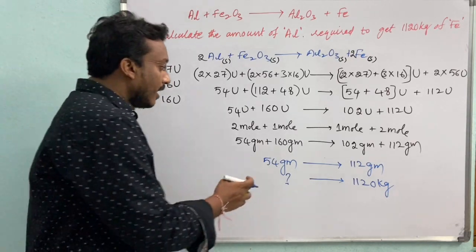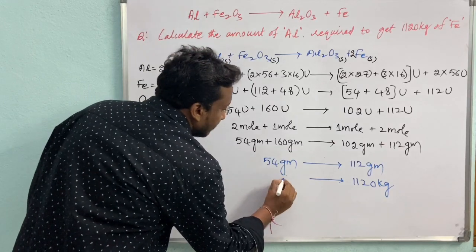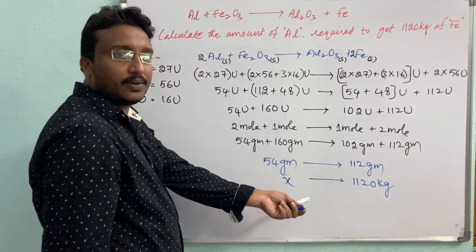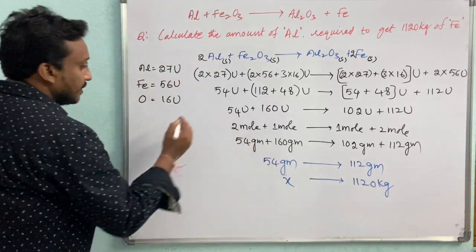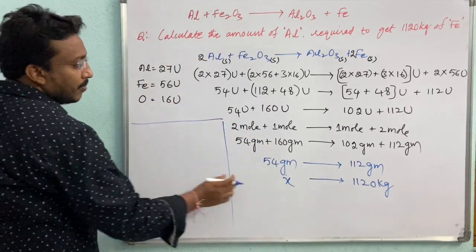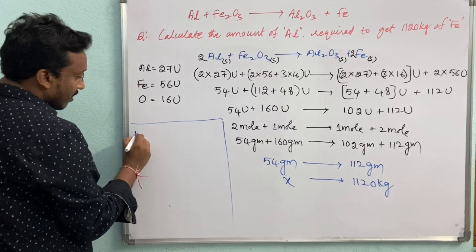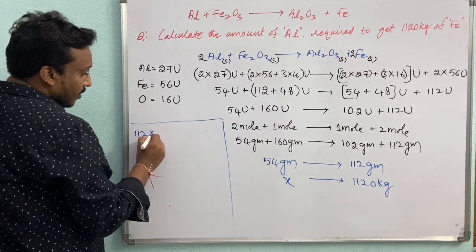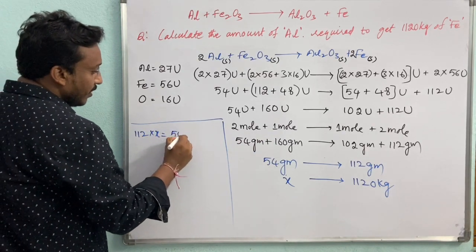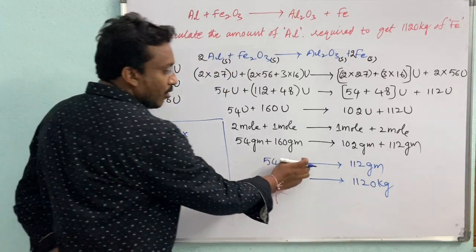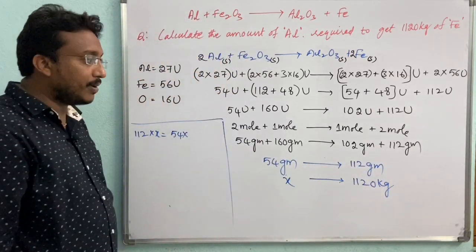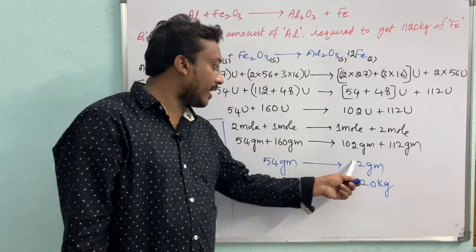Let the unknown weight be x. By cross multiplication, 112 into x equals 54 into 1120. The 1120 is in kgs, while all the remaining quantities are in grams.